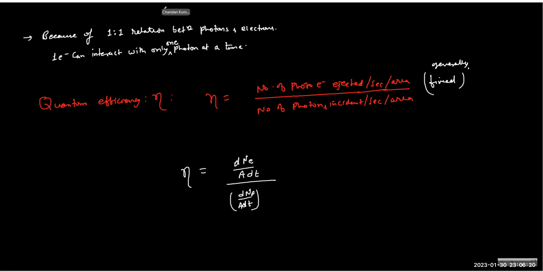In the numerator I have used the subscript e for electron and in the denominator the subscript p for photons. Okay. Yes, sir.